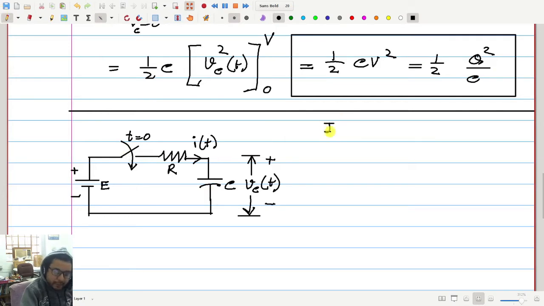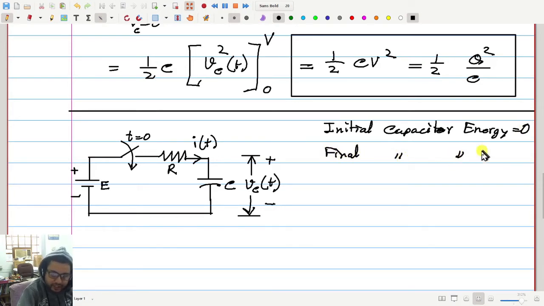So the initial electrostatic energy stored in the capacitor was 0. And the final electrostatic energy stored is equal to half CV squared, and V will finally be E, that we have seen previously. So this will be the final energy.